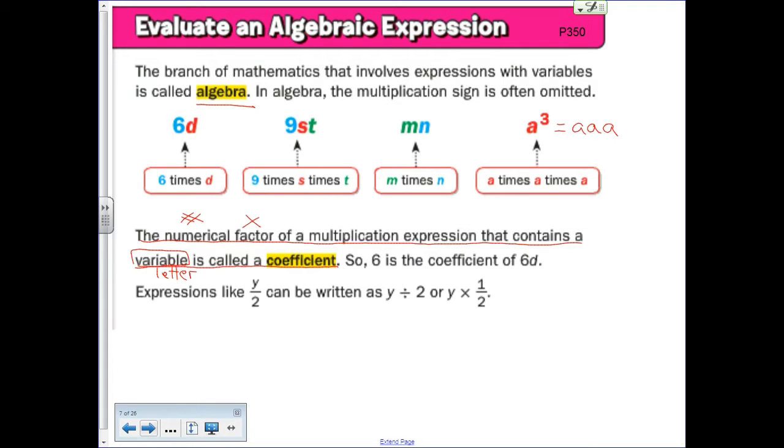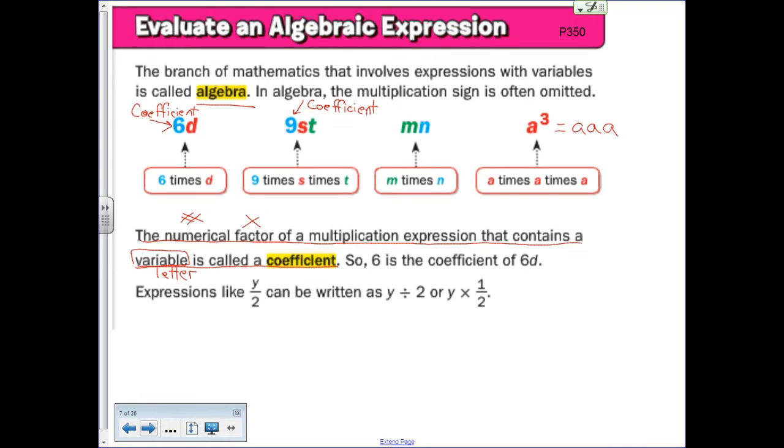So if you go back up here to this problem, 6 is the coefficient. You come to this one, 9 is the coefficient.